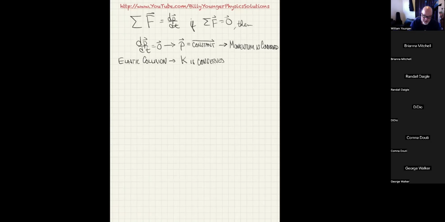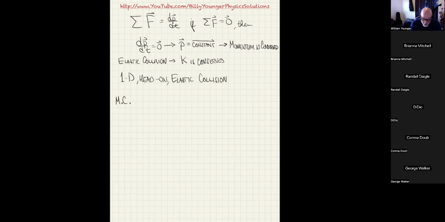So let's look at, for example, a one-dimensional head-on elastic collision. Okay, so conservation of momentum, which I'll write as MC, momentum conservation.